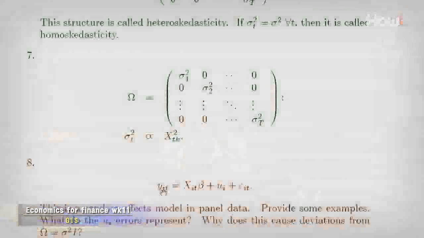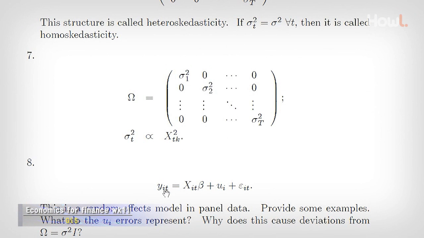Another possibility is to suppose that we have now IT. So I is maybe firm I and T is maybe time. So it is maybe the stock I, maybe its return at time T, something like that. So this kind of structure is panel data. Panel data means that we have many observations for a given time, and we have multiple times.